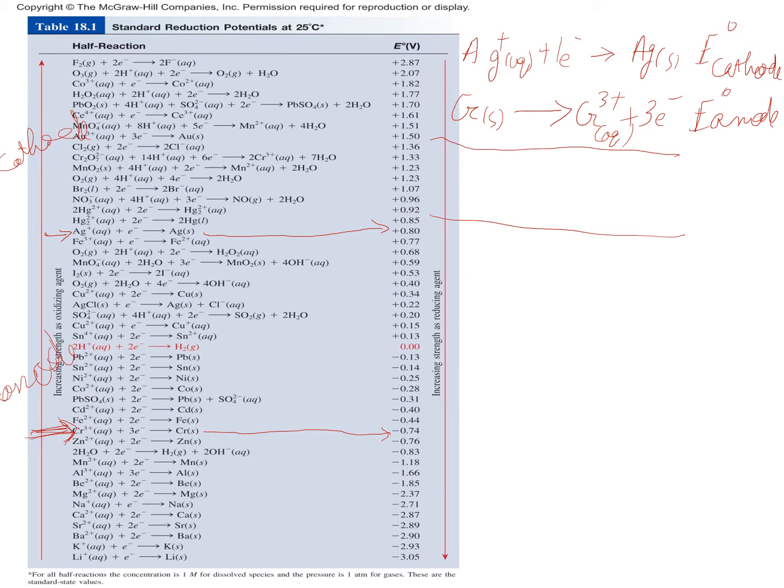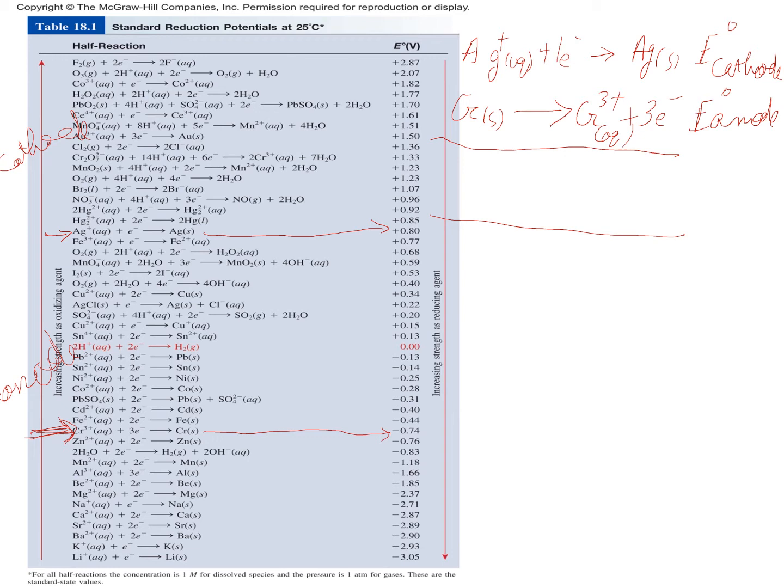Next half, balance every element other than oxygen, hydrogen. One chromium, one chromium. Perfect. Balance oxygen, I don't have. Balance hydrogens, I don't have. Balance the charge. What is the total charge here? 0. Total charge on the other end, +3 and -3, right? Because 3 times -1. So total charge is balanced.